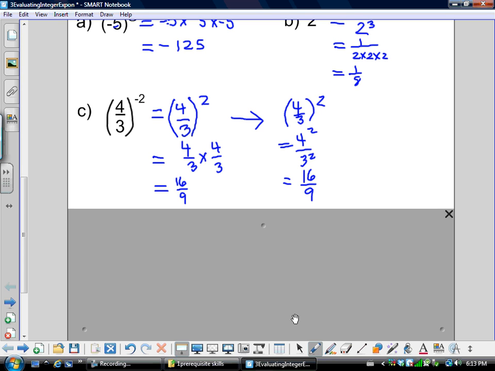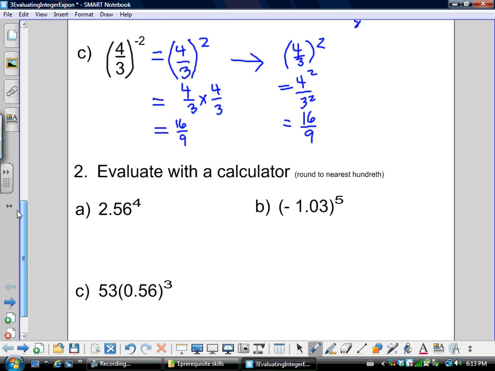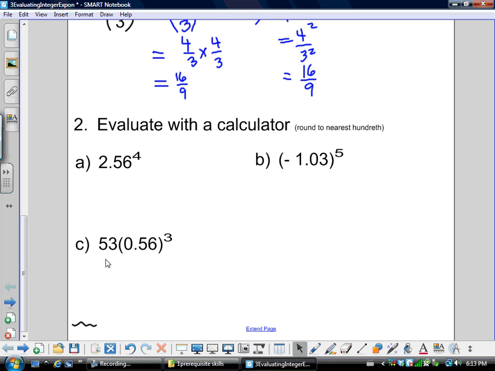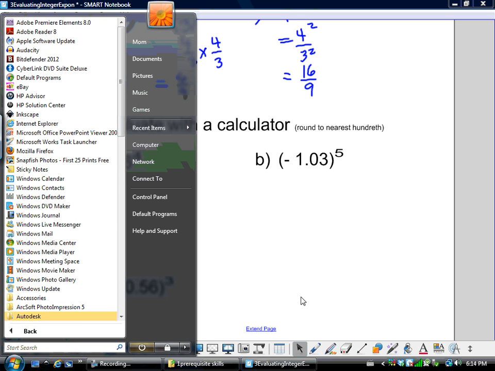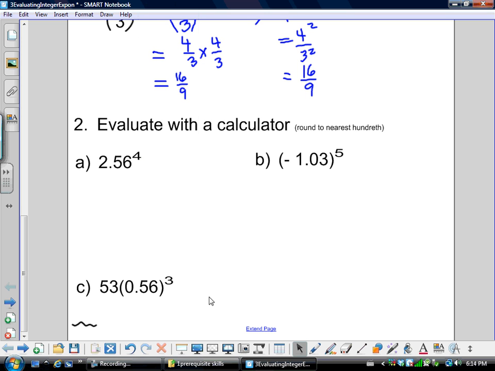and the denominator. All right, so let's look at the types of questions that we can use our calculator for. So just like some of the other prerequisite skills, they're asking us to round to the nearest hundredth. So literally what I'm going to do is take my calculator and actually, I guess I don't have one quite handy, but I'll do that for some of the other ones in future lessons.